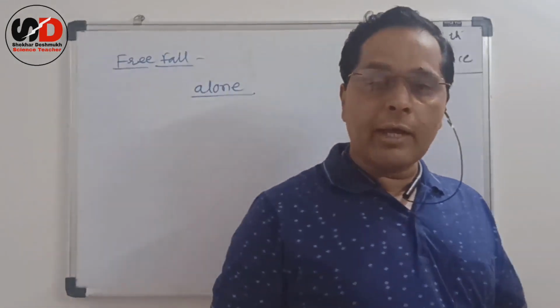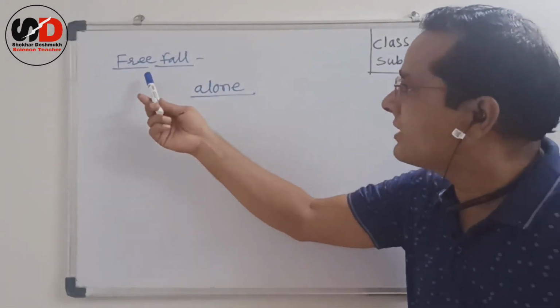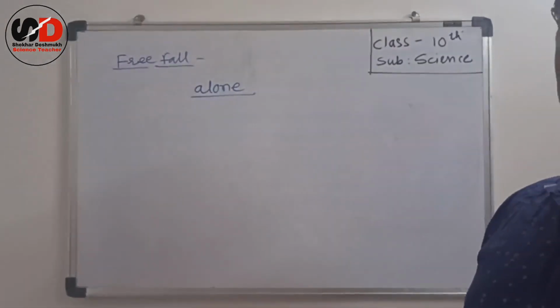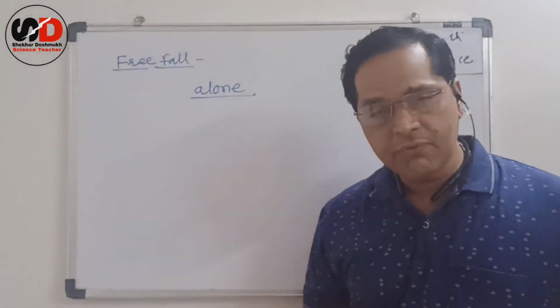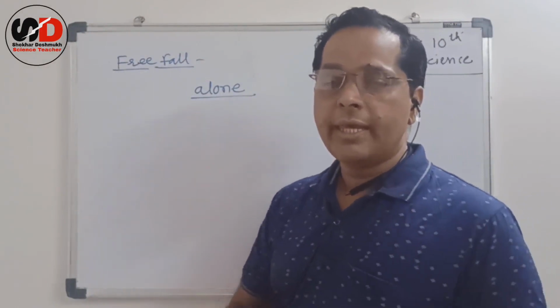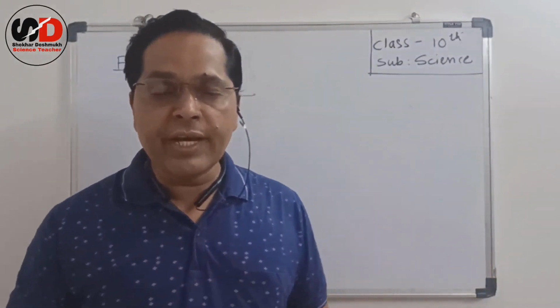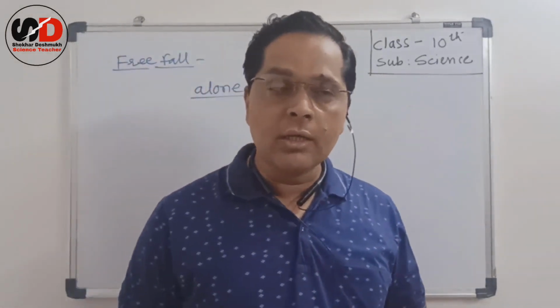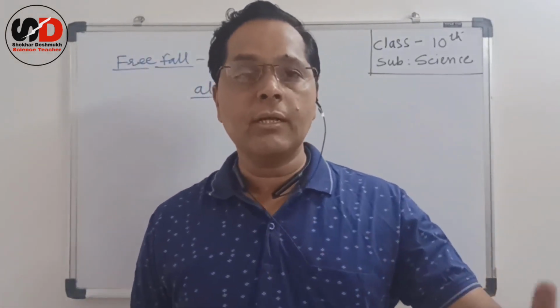So today we are going to discuss what free fall is. The definition is now very clear to us. What is free fall? If any object is moving under the influence of gravitational force alone, then it is said to be in free fall.